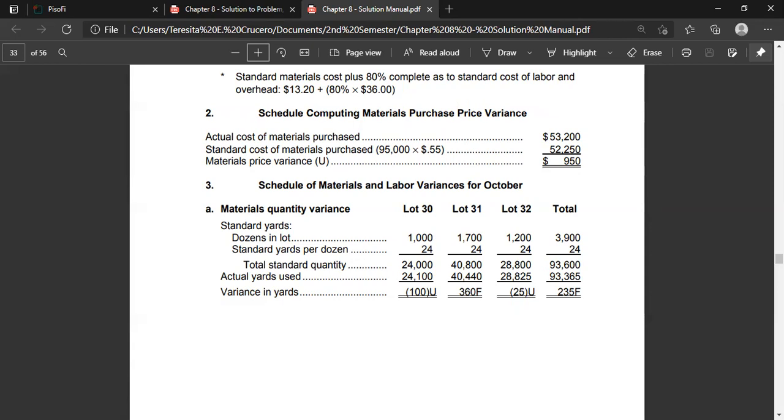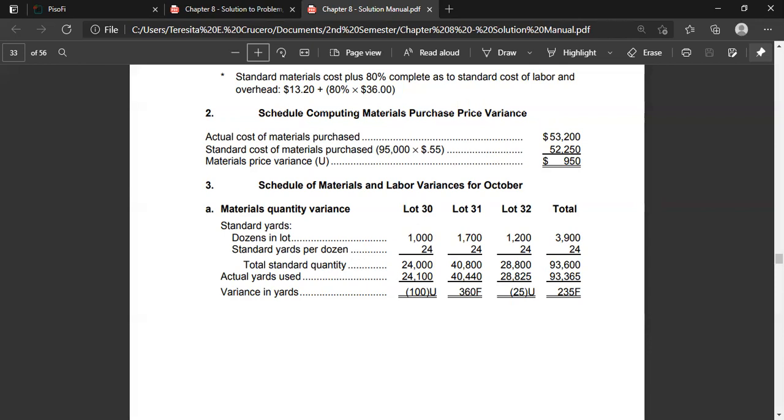Okay, now for the third requirement, for each lot produced, prepare schedules computing the variances. So the first one of this is the schedule of materials and labor variances in number 3. For the materials quantity, we have the yards and the number of dozens in each lot.